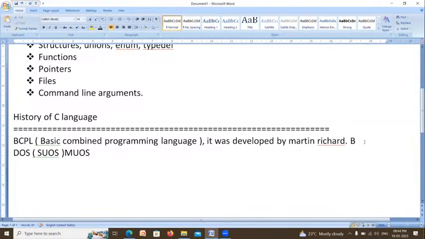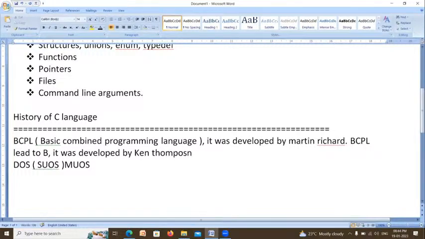We write it like this: BCPL led to B. It was developed by Ken Thompson.